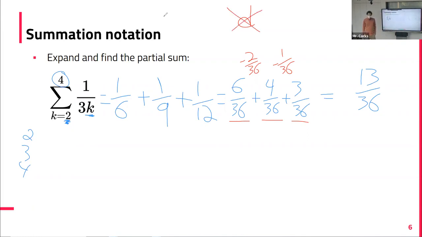Okay, next one. Is this a geometric sequence or series? Okay, what is our condition for a geometric? All right, our common ratio. We need to be able to multiply or divide by the same thing. Let's try that. So first term to second term, what would we multiply by? 2/3.